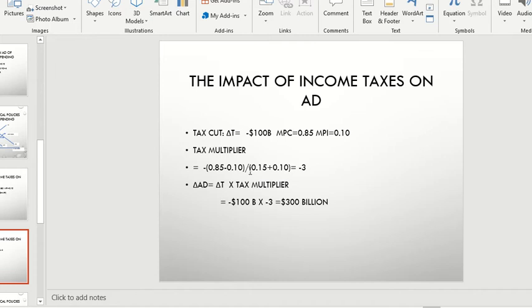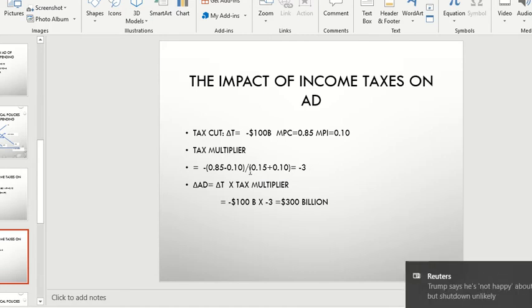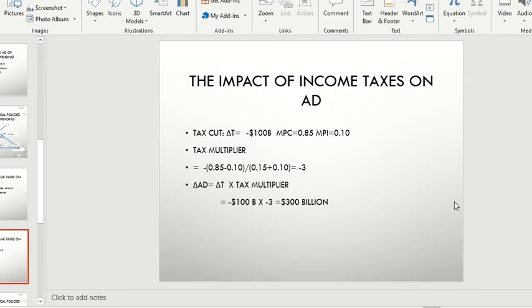So here comes the question. If income tax always has a smaller effect than the same amount of government spending, why does the government bother to use income tax as a policy tool at all? Why not just rely on government spending?